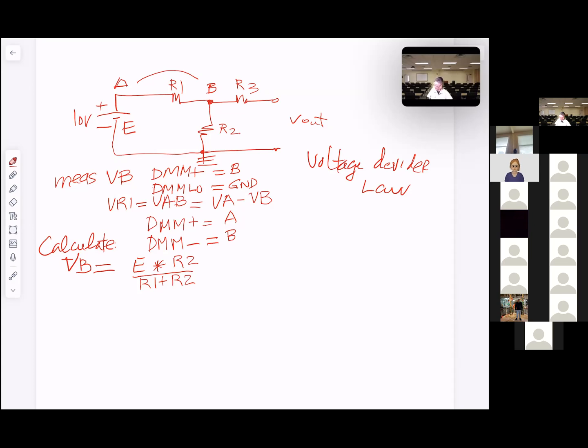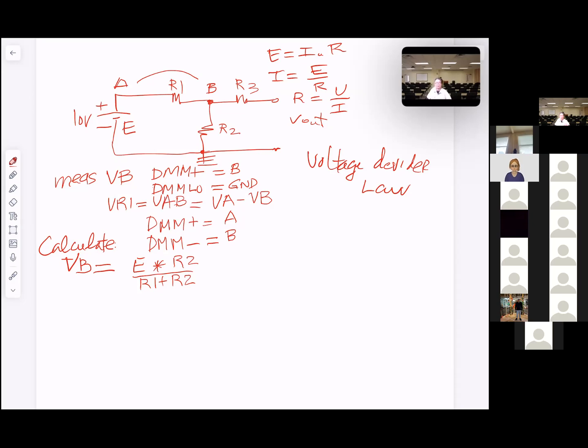You understand the Ohm's law: you can get V equals I times R, I equals E divided by R, and R equals V divided by I. First thing, you have to memorize the formula.